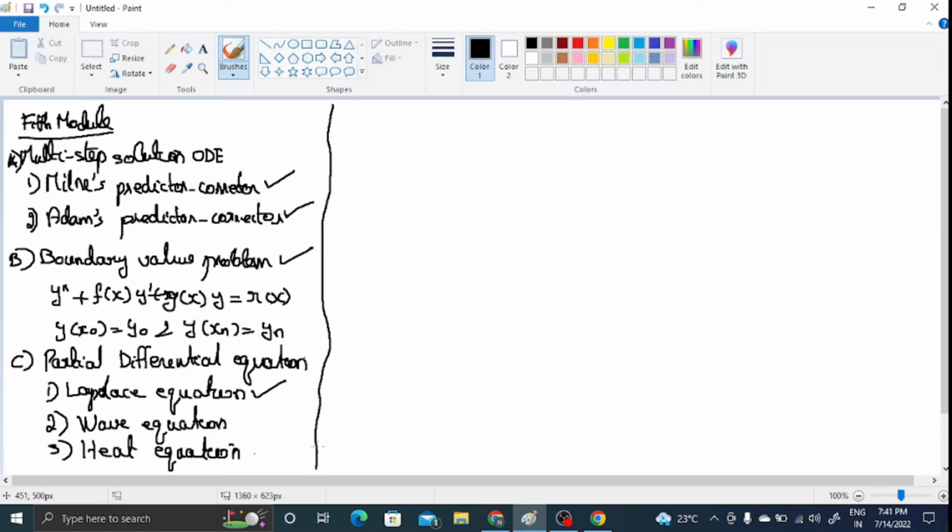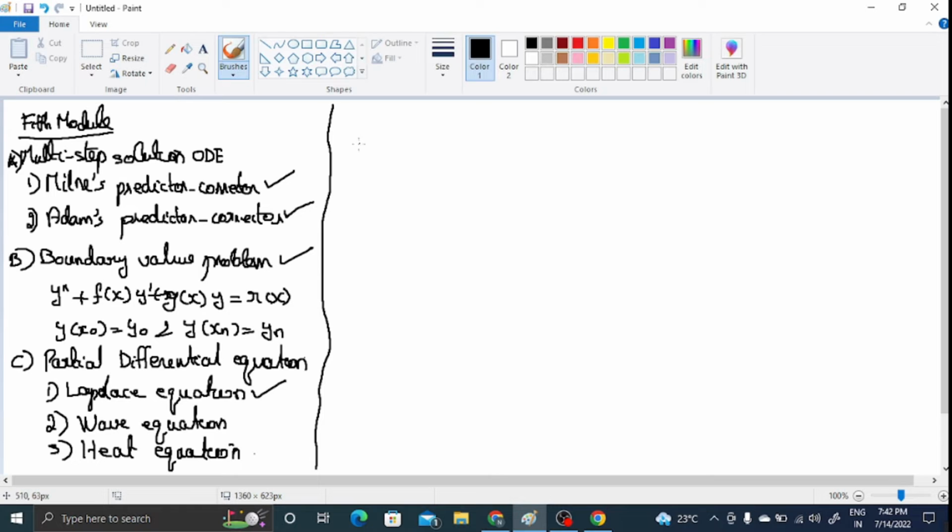So first we are going to start the discussion about partial differential equation. Before discussing partial differential equation and also the boundary value problem, we need some assumptions, some basics, or some tools to solve the boundary value problem and partial differential equation.